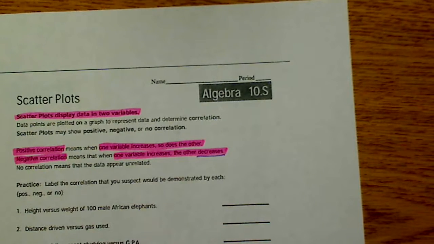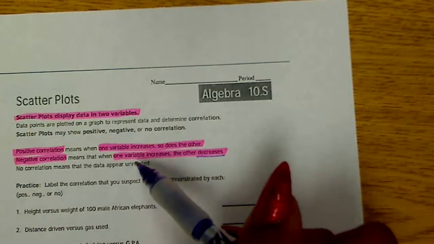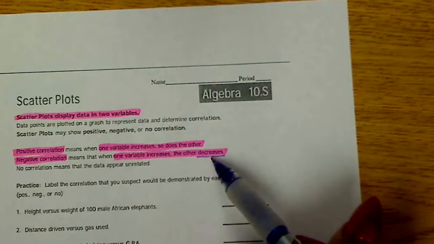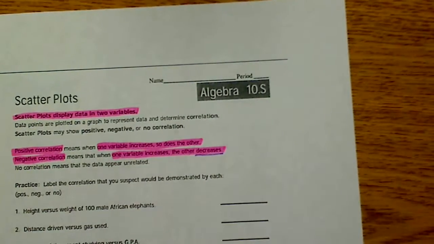If I increase the amount of time I spend studying, I'm going to increase my grades. If I increase the amount of time I spend working out, I'm going to increase my endurance and fitness level. If one increases, the other increases. Negative correlation means when one variable increases, the other decreases.